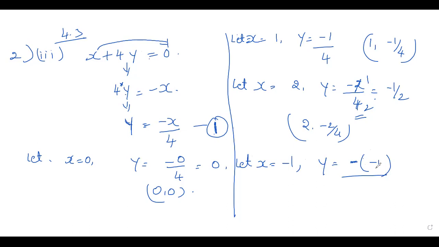So I have used bracket because you have two minus signs by 4. That is equal to minus into minus is plus 1 by 4. The points are minus 1 and 1 by 4. So these are the 4 solutions for the given equation.